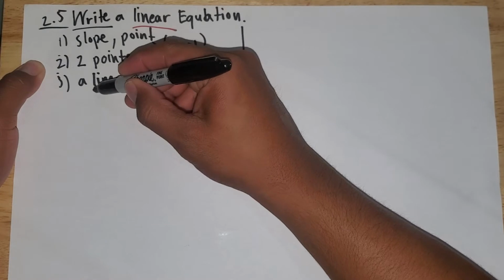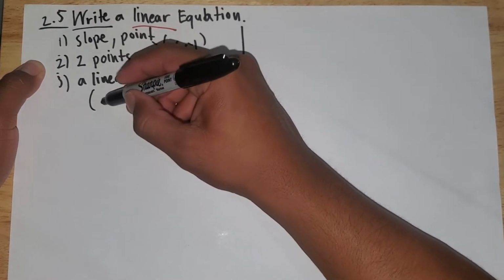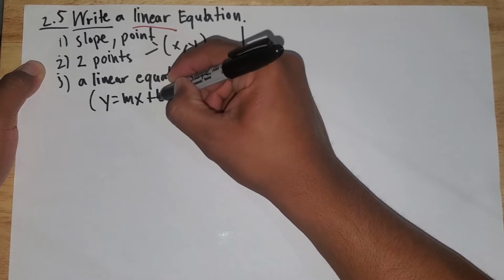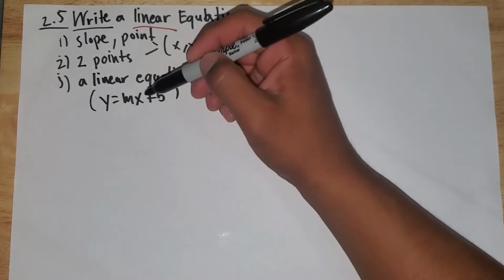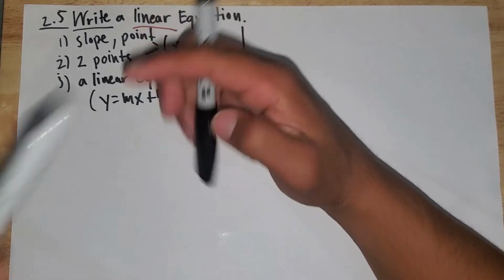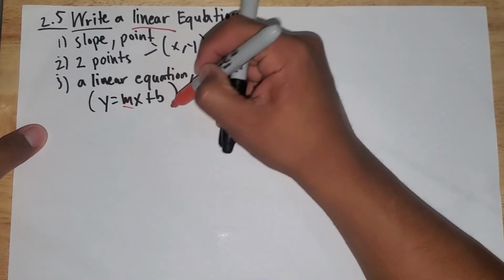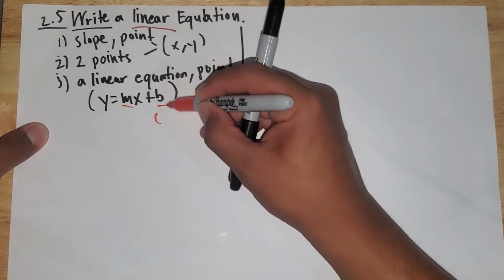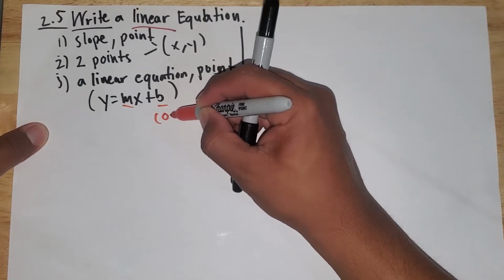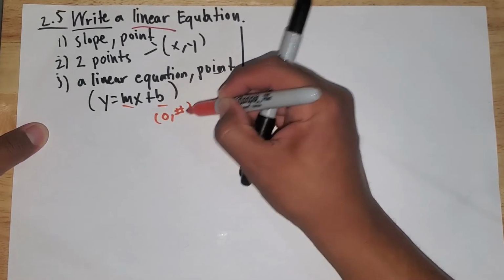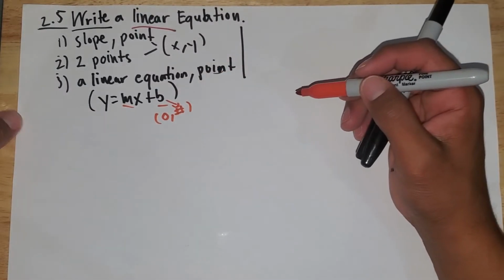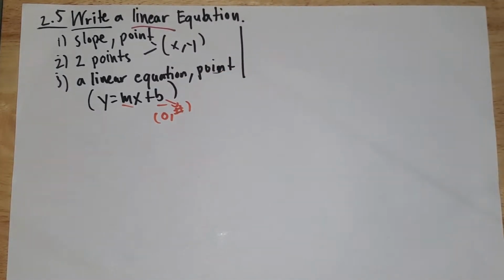And remember, a linear equation, you can think about it as y equals mx plus b. M is your slope, and b is your y-intercept. But when I mean y-intercept, remember, all y-intercepts have a 0 on the x and some number on the y. Usually that number is the b that goes there. So don't forget that.